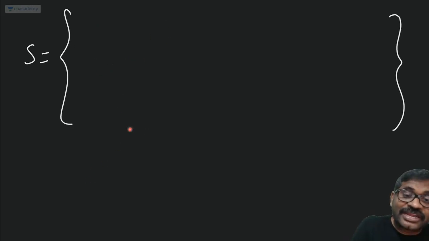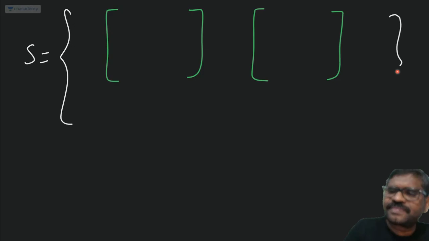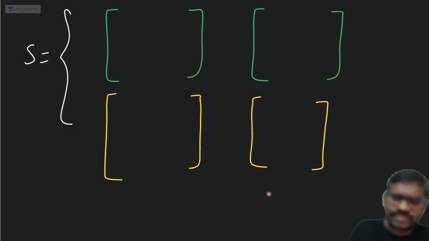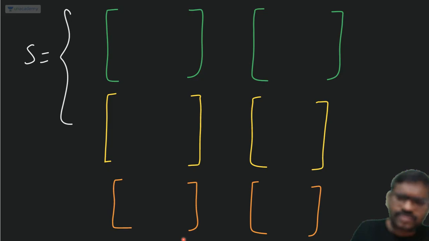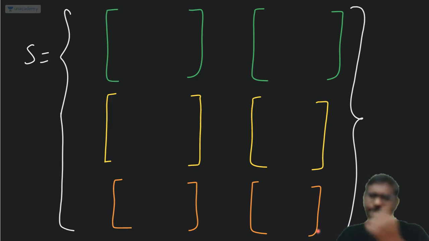I have to write different 3 cross 3 matrices. Concentrate. You have to take entries only 0 or 1.